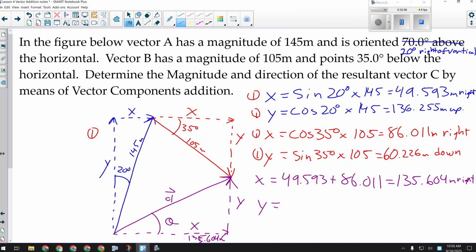For me, I just do it by the letter of the book here, which is 136.255 plus negative 60.226, just so I'm keeping up and down that way. The reason I do it that way is so that if I get a negative number, I know which way it's pointing. But again, it's completely up to you.